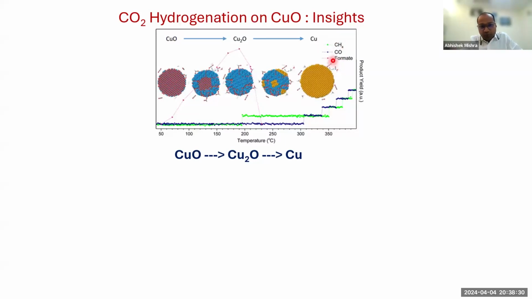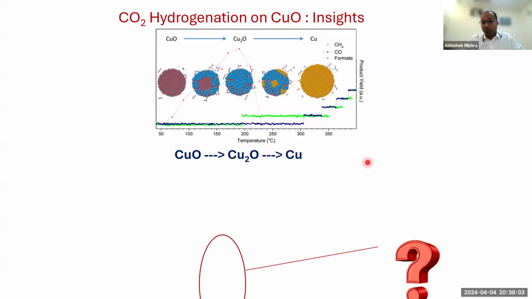They found the formate formation, and you can see the pink-colored peak here. That was somewhere in between, when they had the Cu2O as a nanoparticle. So they were puzzled about what is happening here, why these copper oxide nanoparticles were reducing from CuO to Cu2O and then finally to copper, and why only formate, not any other product.